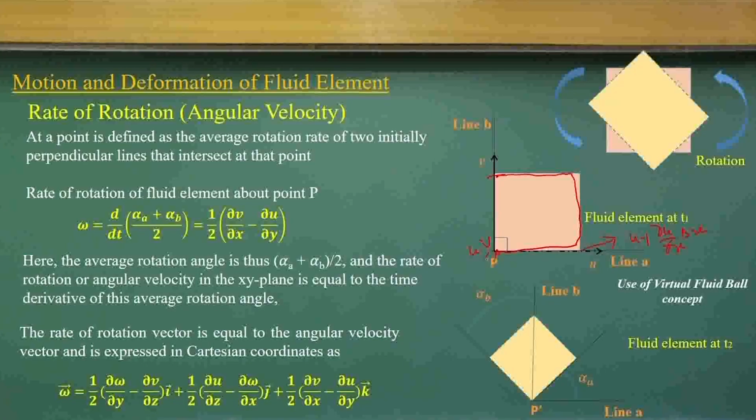So, if I have u and v velocity at this point, I will have a velocity at this point of u plus delta u, if this is the delta x, so del u by del x into delta x. Similarly, at this point I will have the velocity v plus del v by del y into del y, but the velocity here will be the u velocity. In a similar way, I can write what the velocity would be at this point.